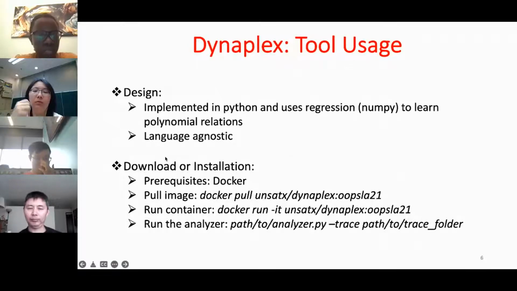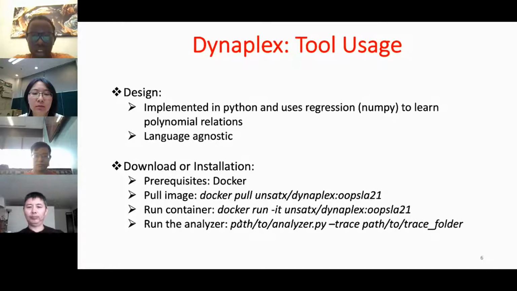To use Dynaplex, all you need is a system that can run Docker, and you can pull the image from Docker Hub. At the end, I will have all the links necessary, and you can run all the experiments that we've run inside the Docker. You can produce your own programs in there, but there's also a GitHub repo where you can pull the source code and just compile it.